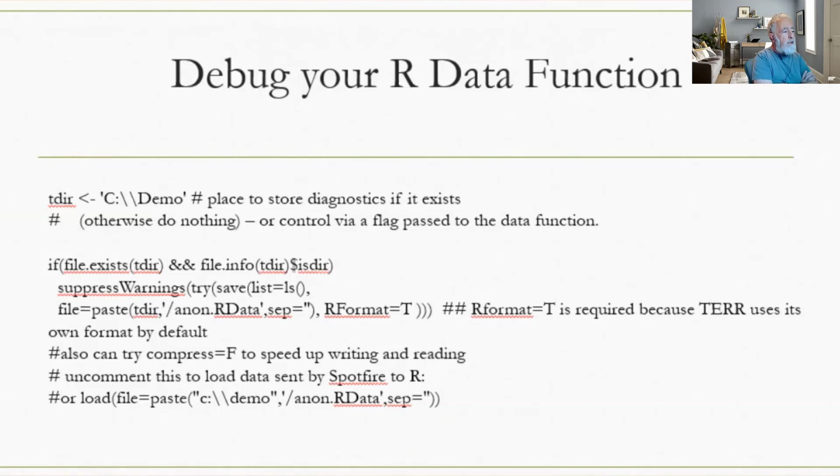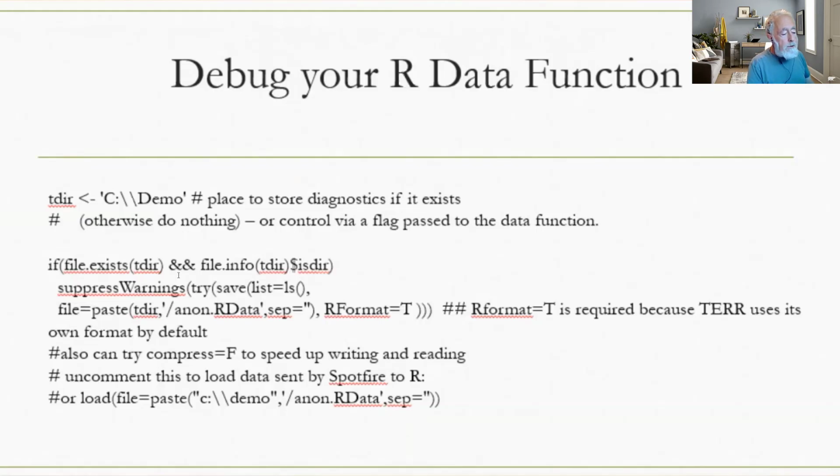But one thing that's necessary is to decide where you're going to save your R workspace. So when the data function first executes, the first thing I'm going to do is save to disk the entire workspace. And so first I just define a place to do that, and then I make it conditional on that spot existing.